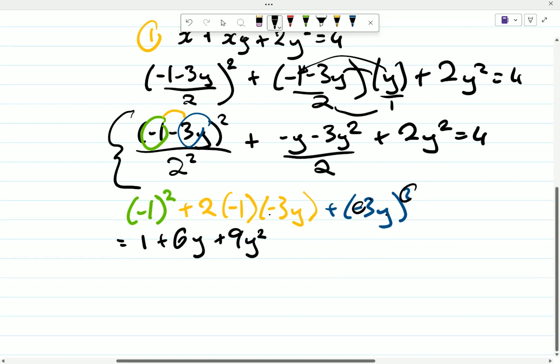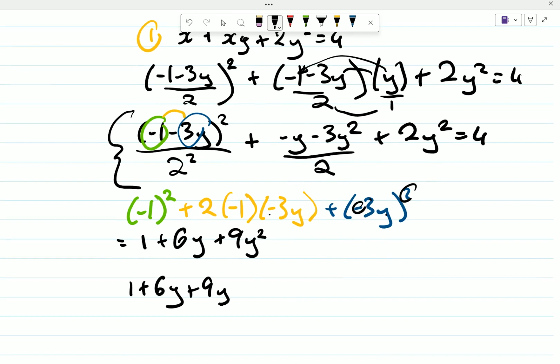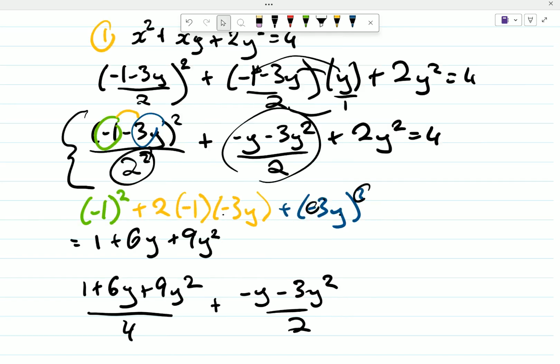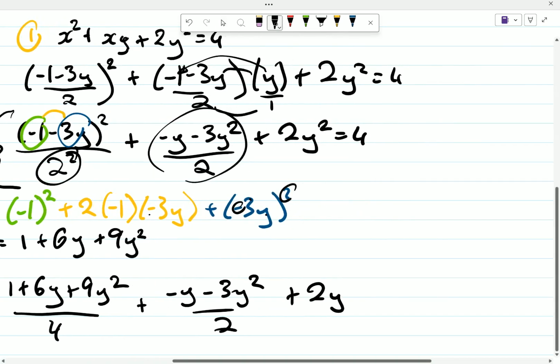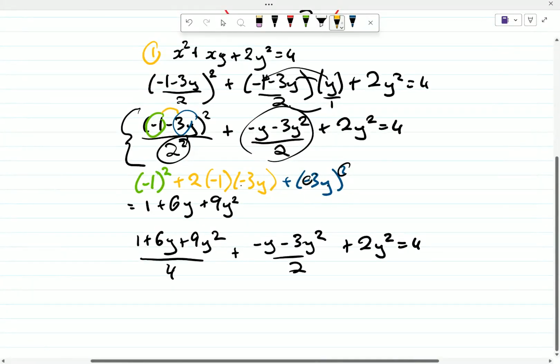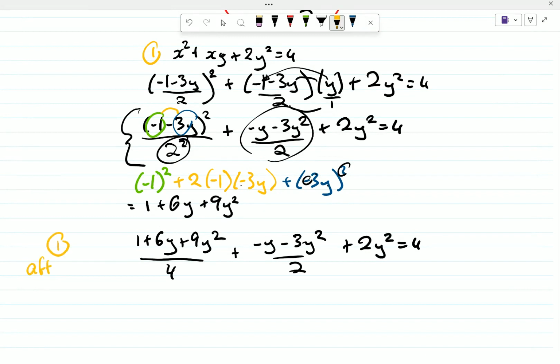So all this here is equal to 1 plus 6y plus 9y squared all over 2 squared, which is 4. Then we have minus y minus 3y squared over 2, plus 2y squared is equal to 4. So this is basically our equation 1 after subbing in x.